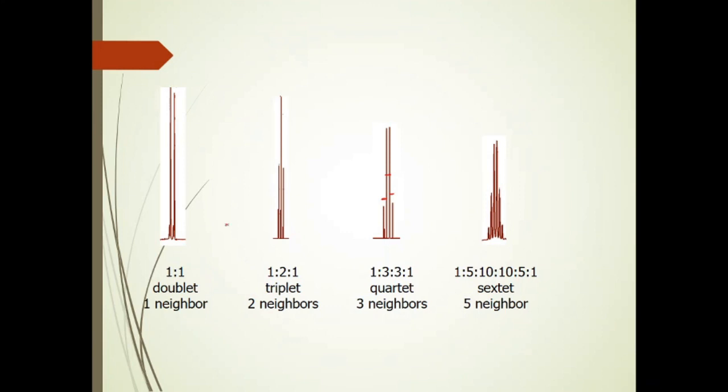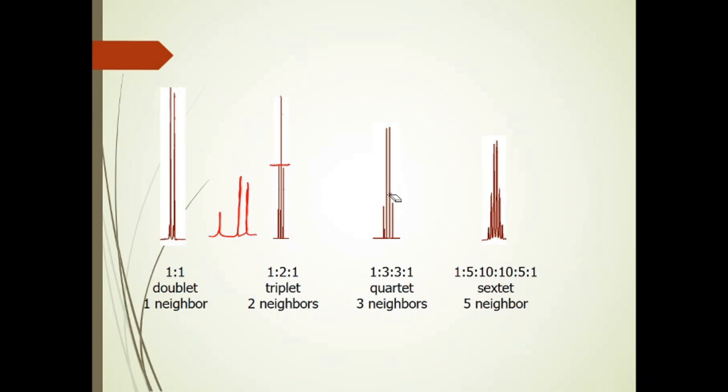If you have a peak that looks like this, it is not a triplet. First off, because the spacing between those three peaks is not uniform. Also, these peaks have symmetry to them. For example, with a triplet, the two outer peaks are half the size of the inner peak.